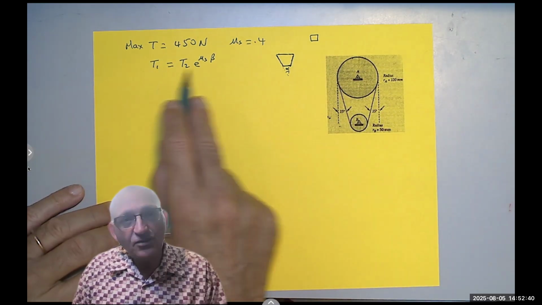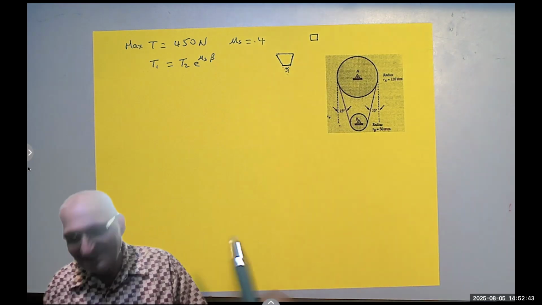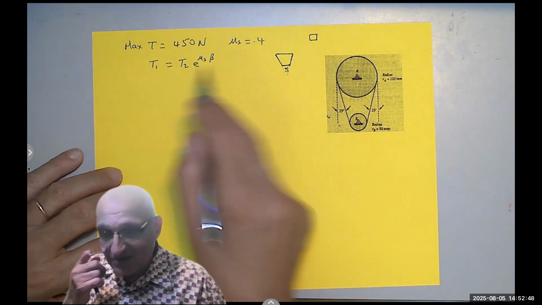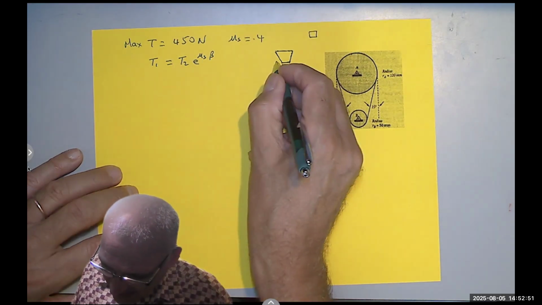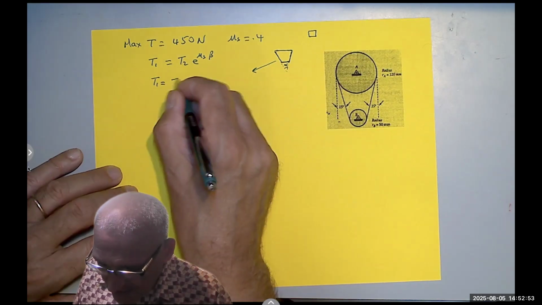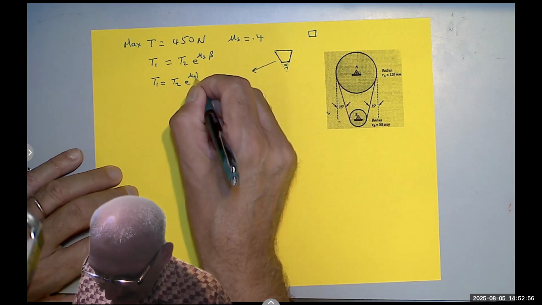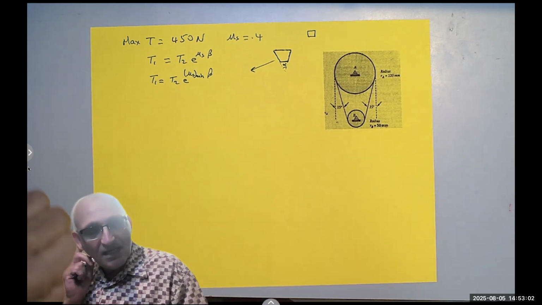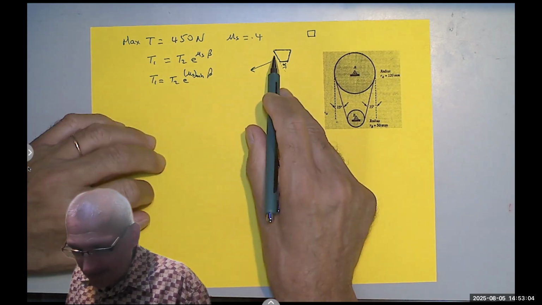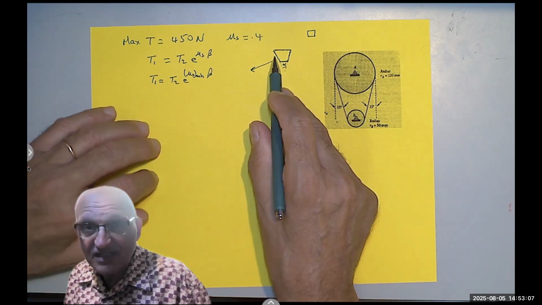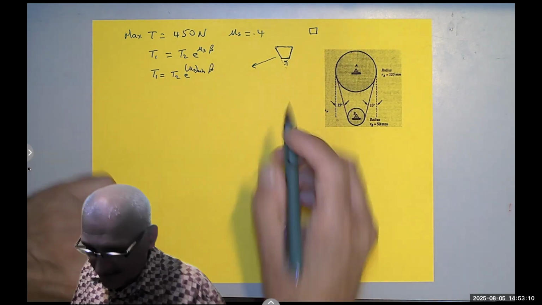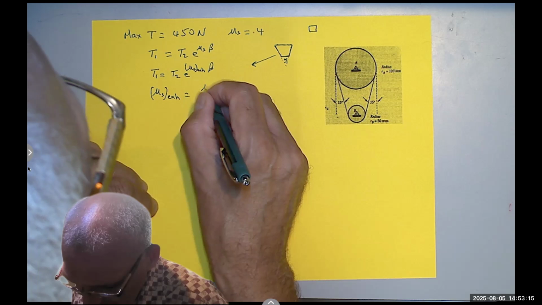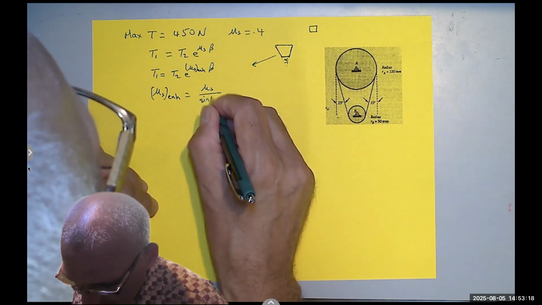Here, when we say T1 equals T2, I hate to say it, but it's T2 equals T1. It doesn't matter. The higher equals the lower times e to the mu sub s times beta. For these types of belts, T1 equals T2 e to the mu sub s enhanced times beta. There is an enhanced coefficient of static friction, and mu sub s enhanced equals mu sub s divided by sine of alpha over 2.